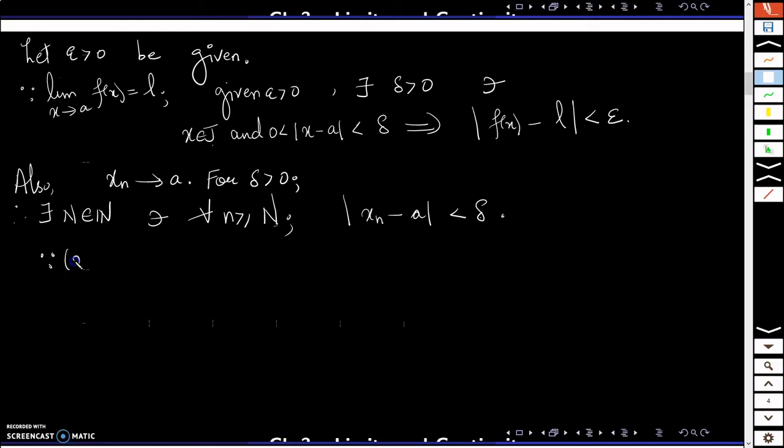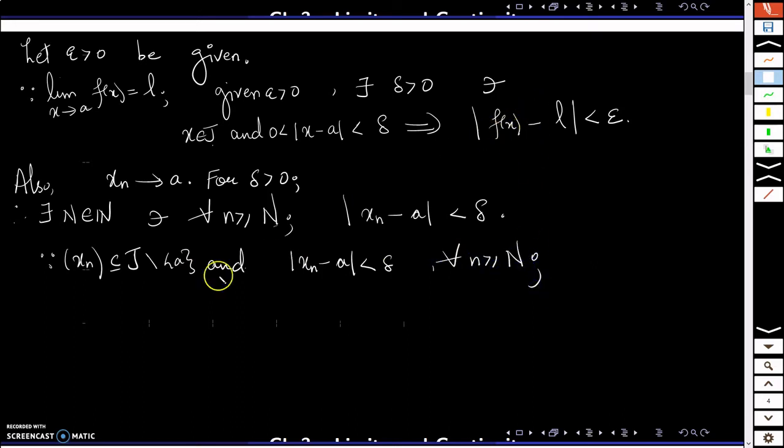Now since the xn's are points in J difference A, and |xn − A| from here is less than delta for all n bigger than or equal to capital N, these xn's after the stage capital N satisfy this condition.